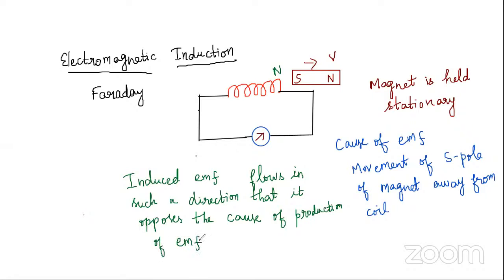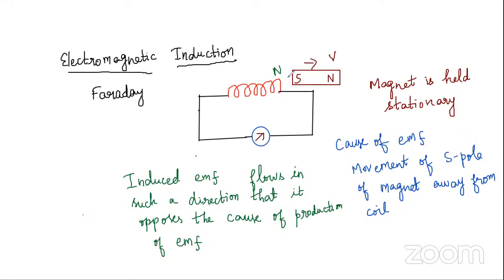In this case the south pole of the bar magnet is moved away. This is the cause for the EMF production. So due to this, the nearer end becomes a north pole, so that it opposes the movement of the south pole away from the coil.